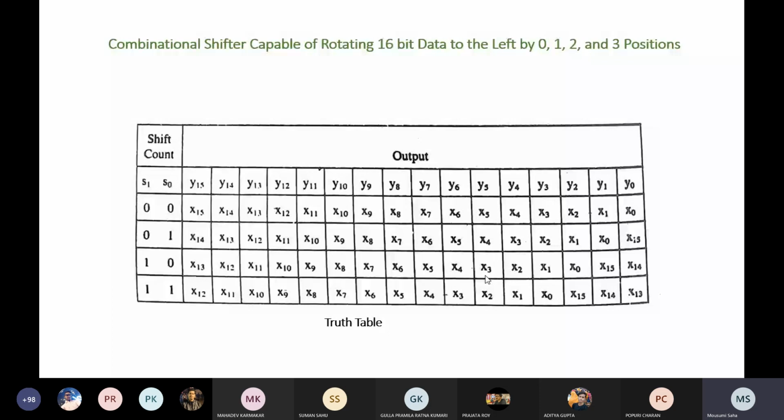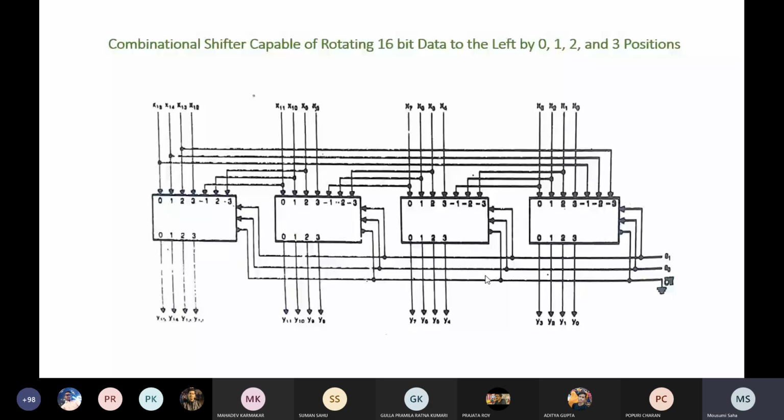Now, see that whatever the values, for the last marks, that means from the right, you can consider the last marks, there is I minus 1, I minus 2, I minus 3 connected to x15, x14, and x13. You can connect x15, 14, 13 to the I minus 1, I minus 2, I minus 3 of the last marks. Okay, and others you do in the same fashion as you have done in the last circuit.